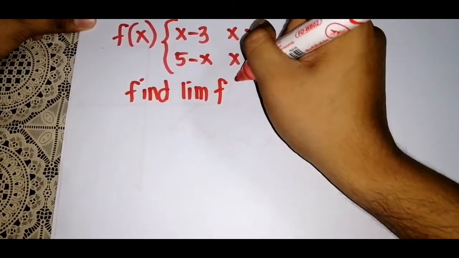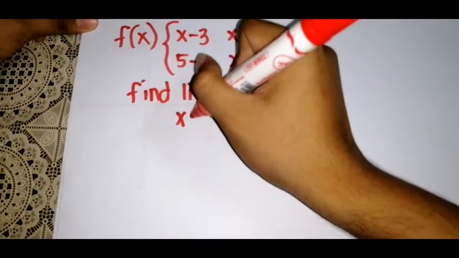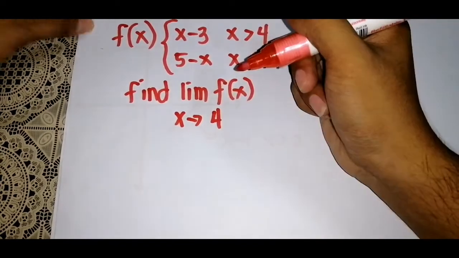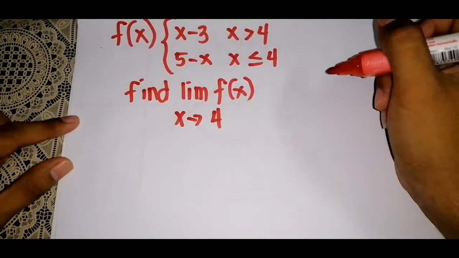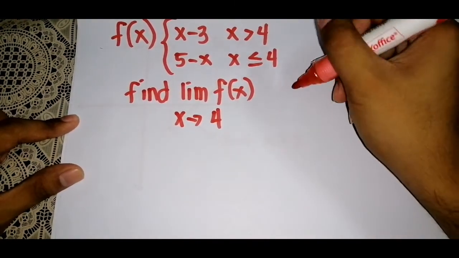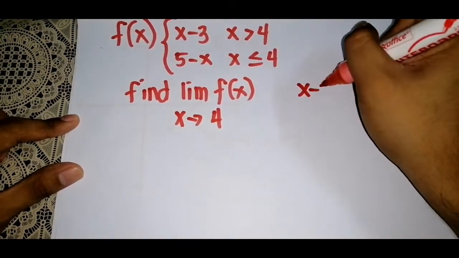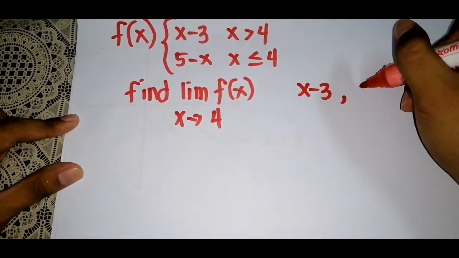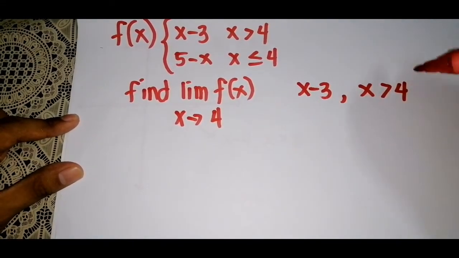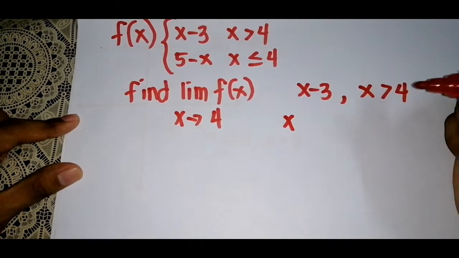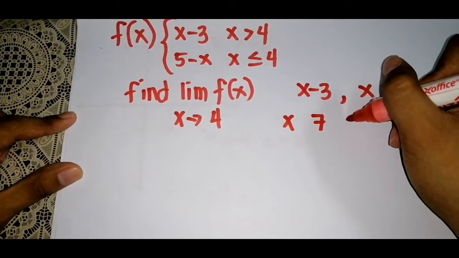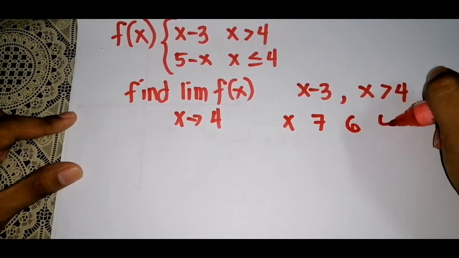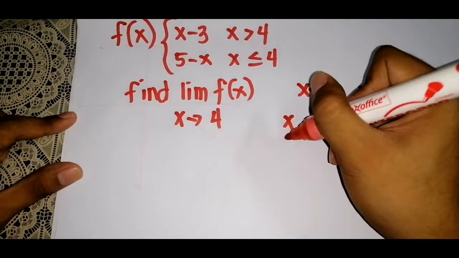Okay, so find the limit of the function as x approaches 4. Okay, unahin natin yung function na x minus 3 when x is greater than 4. So, yung mga values na gagamitin natin ay greater than 4. 7, 6, 5, and 4.